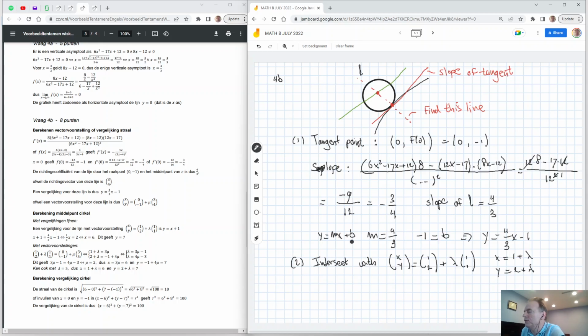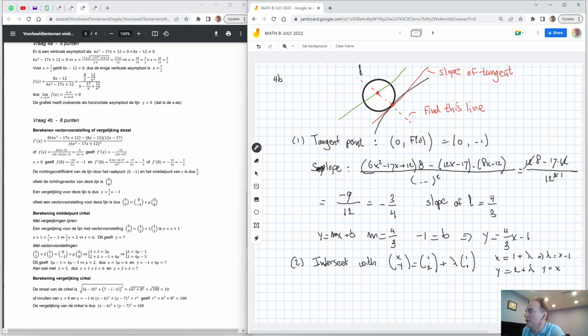Eliminate lambda, or no, substitute what you get for lambda from here. So x minus 1. Y is x minus 1 plus 2.